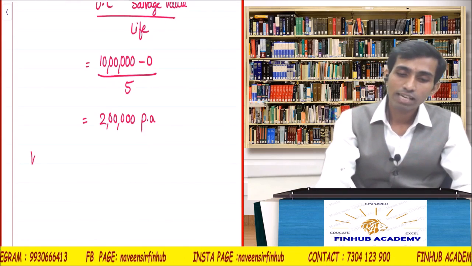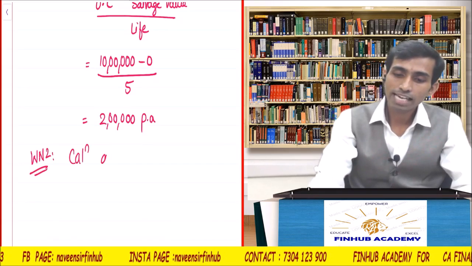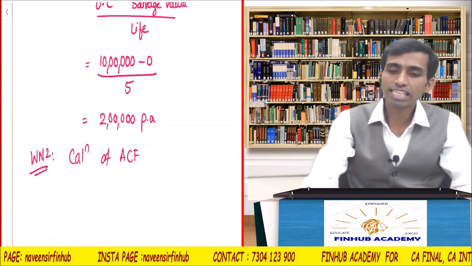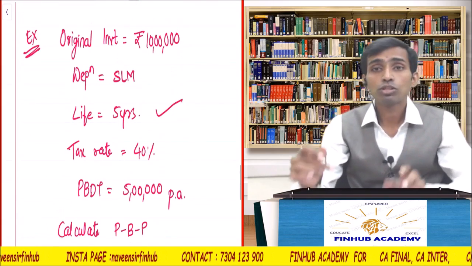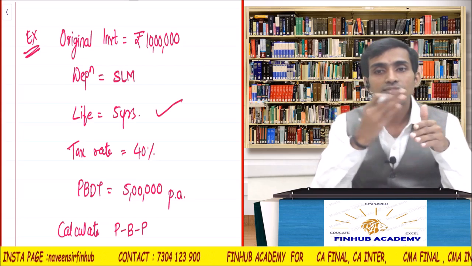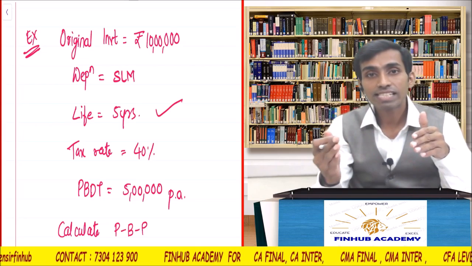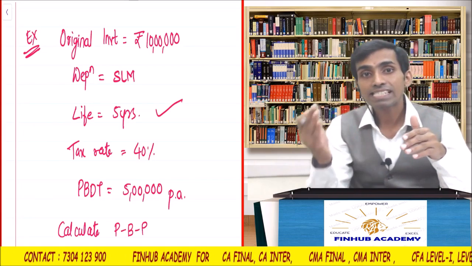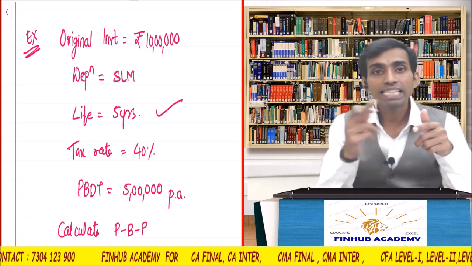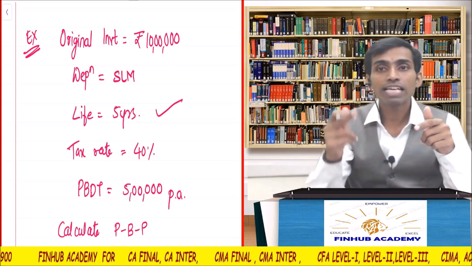The second thing I have to do is calculate the annual cash flow. Why, sir, are you doing all this? See, you should have that intuition. Original investment is 10 lakhs. Depreciation is same. PBDT is same. Understood? If PBDT is same and it is the straight line method, depreciation is same, so every year's annual cash flow is same.